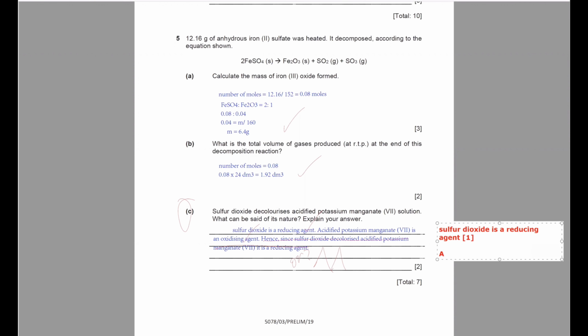Then we say that the oxidation state of manganese changes from +7 in KMnO4 to +2 in Mn2+. This one is 1 mark.